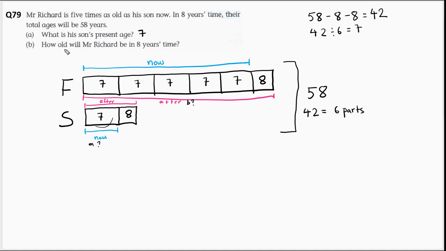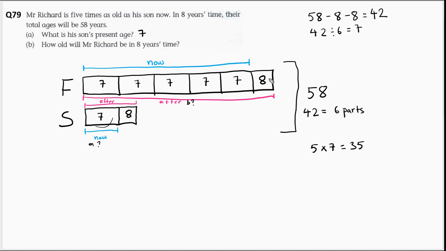Then we're asked, how old will Mr. Richard be in 8 years' time? Well, that's this entire bar then, including the 8. We labeled it here. All right, so we've got 1, 2, 3, 4, 5. We could do 5 times 7, okay, which is 35.